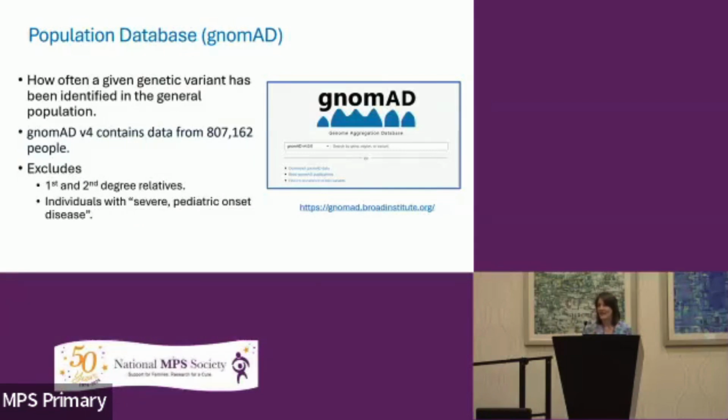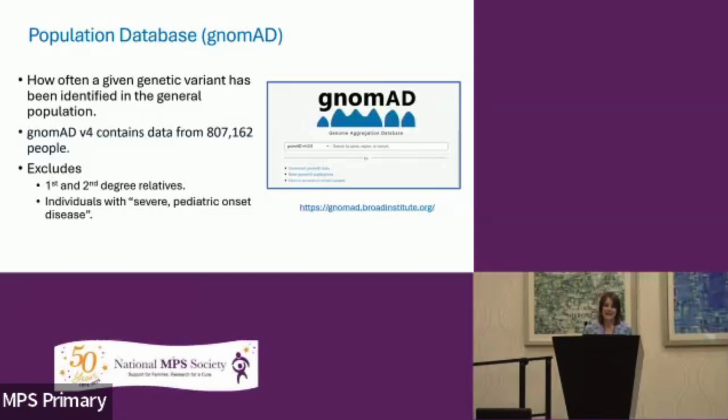So anytime a variant is identified, it would be listed within the gnomAD database, and we would know how many times that variant has been seen in different populations. So critically, gnomAD excludes first and second degree relatives because, of course, you know that you share a certain proportion of your genes with your relatives, so we don't want to overcount how often we're seeing that variant.